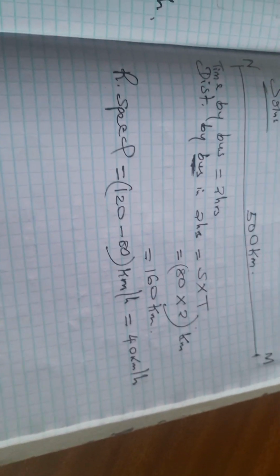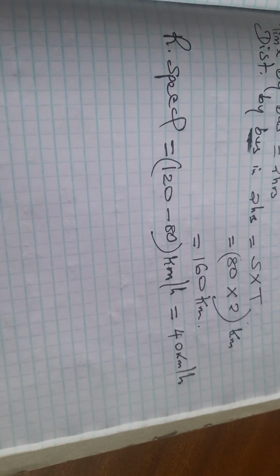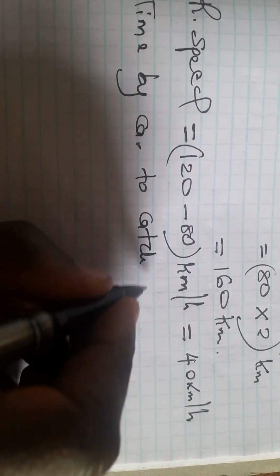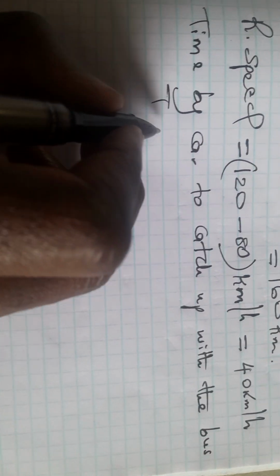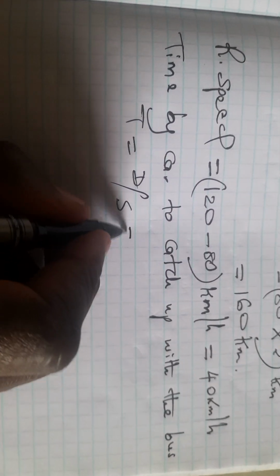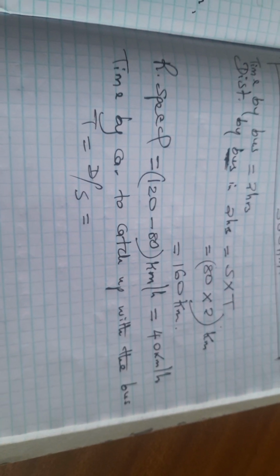Now the next step, we need to know the time taken by the car to catch up with the bus. Time is given by distance over speed. And the distance we are talking about here is the relative distance, the distance apart.